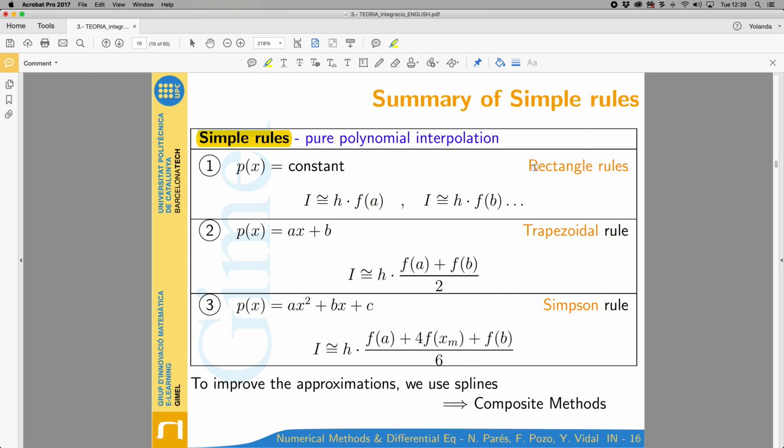If we use the rectangle rule, the exact integral is approximated by the value of the base of my rectangle times the height of the rectangle, which could be f of a, f of b, or other variations. The trapezoidal rule, where the exact area is approximated by this formula that we derived. And finally, when using Simpson's rule, the exact integral is approximated using this formula that we derived.